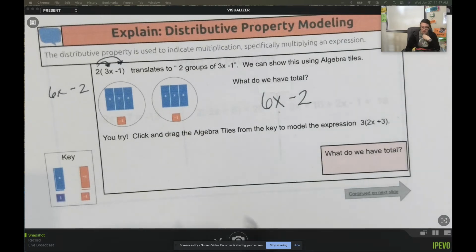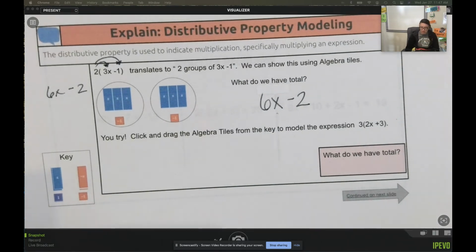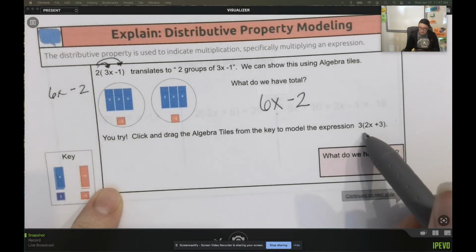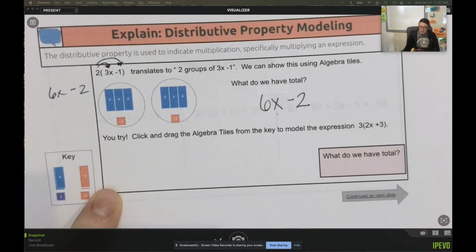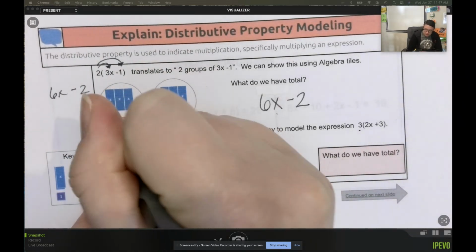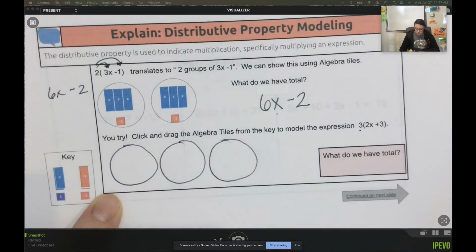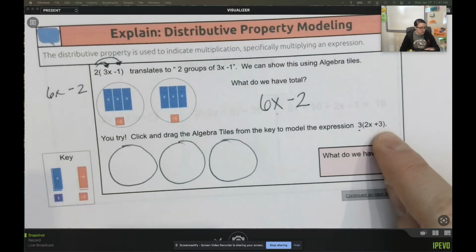So now they want us to do the same type of problem. They want us to draw it using the expression 3 times the quantity 2x plus 3. So here I see I have 3 groups. So I need to draw 3 circles. And then inside, I have 2x plus 3.